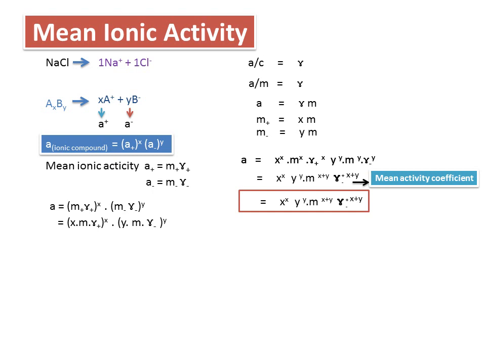So put the value of A positive and A negative. A positive will be equal to m positive gamma positive raised to power x multiplied by m negative gamma negative raised to the power y. Then put the value of m positive and m negative. We have xm gamma positive raised to power x into ym gamma negative raised to power y.